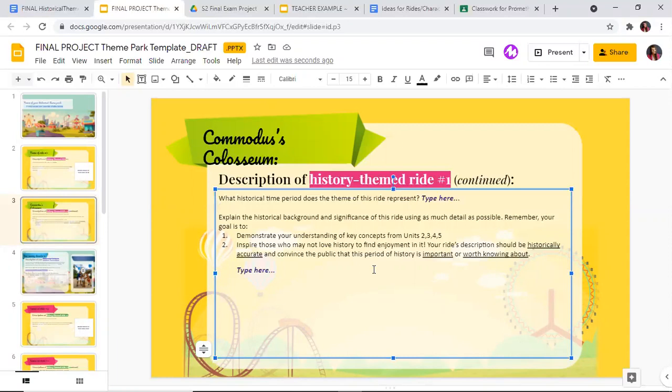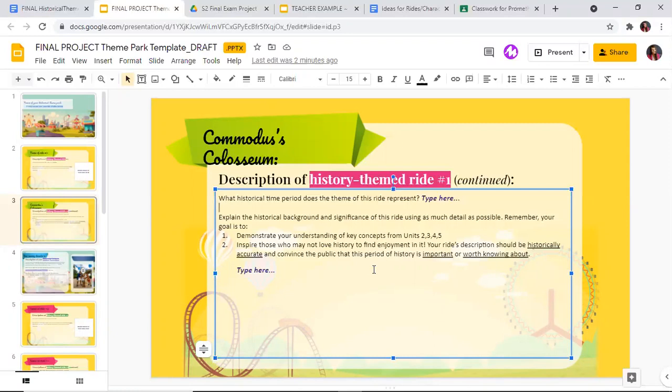Certainly, even though the ride is titled Commodus' Coliseum, and that has to do with the gladiatorial arena, maybe you're not going to focus squarely on the gladiatorial games here, and you're going to think about Emperor Commodus, and you're going to talk about the qualities of good and bad leadership. How good leadership helps empires rise. Maybe that's the rise in the roller coaster track.